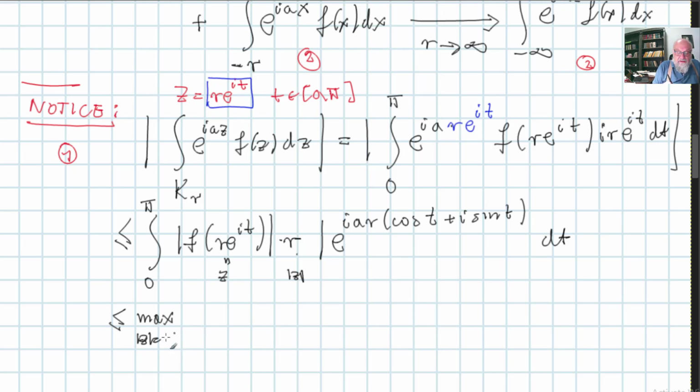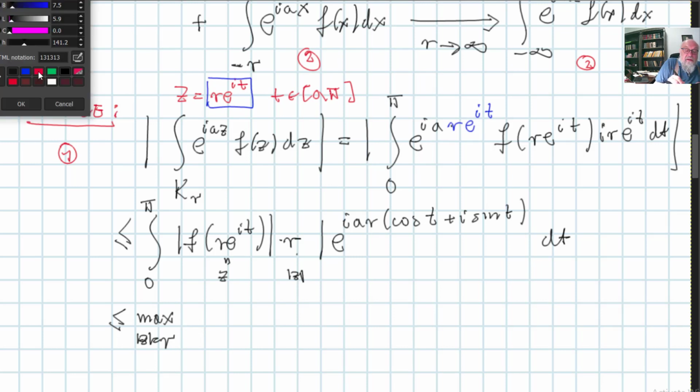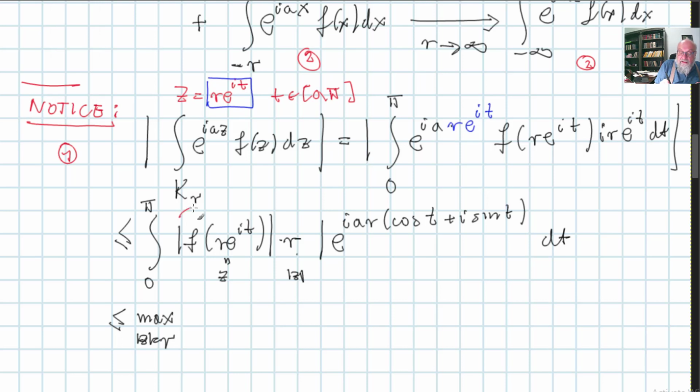So I take this one, which is the absolute value of f(z), and then times the integral from 0 to pi, with r still here.